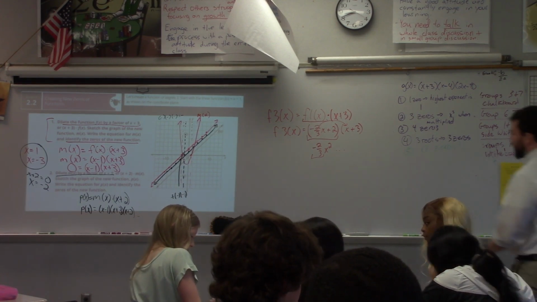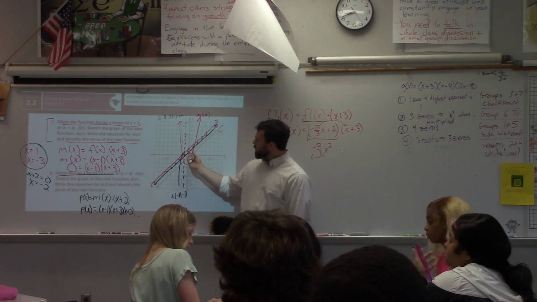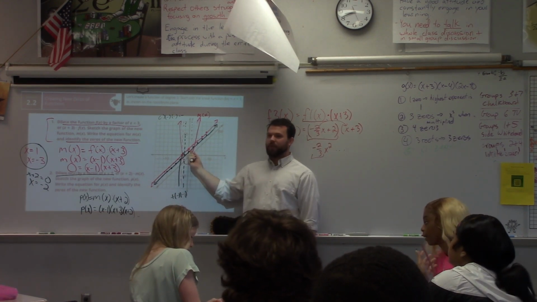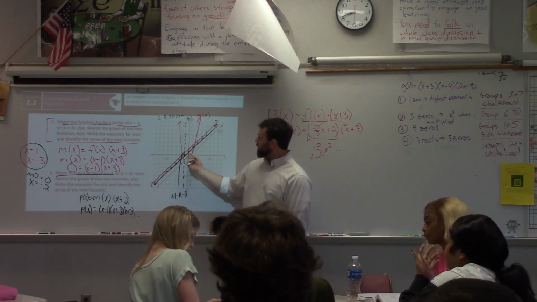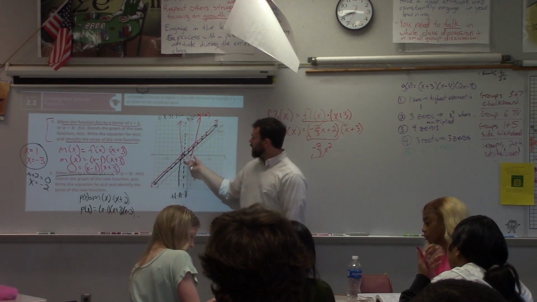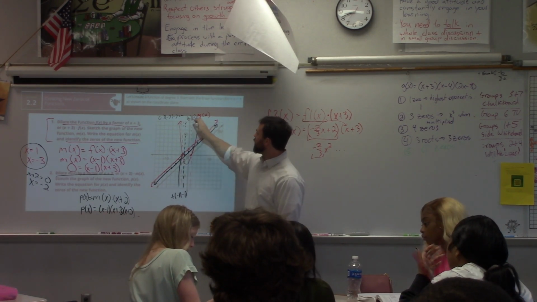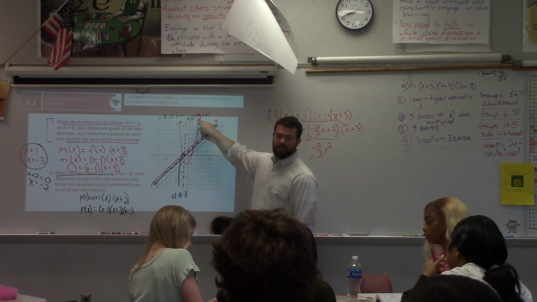So from here, remember, okay, red line has what type of values? Positive. The black line has positive. The line already graphed had negative. What's a positive times positive times a negative?